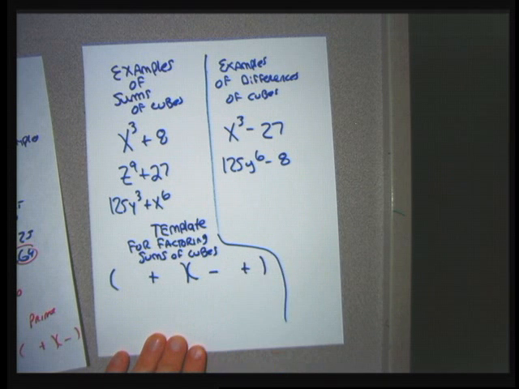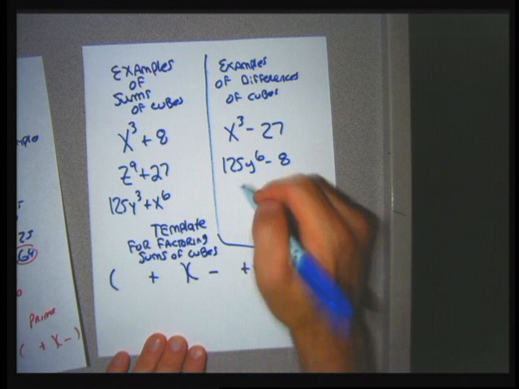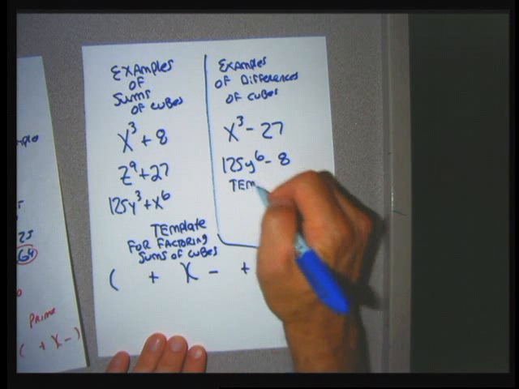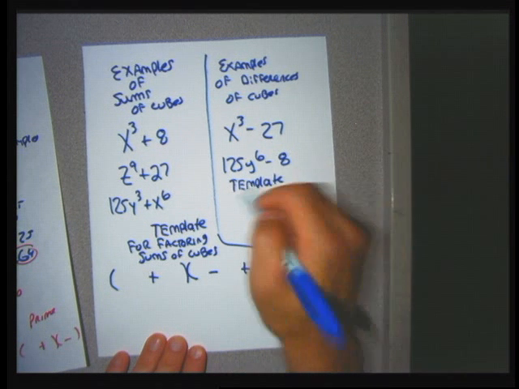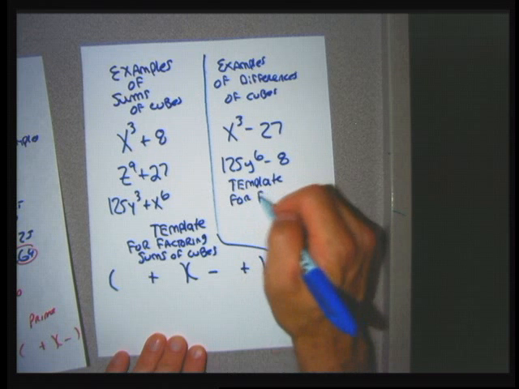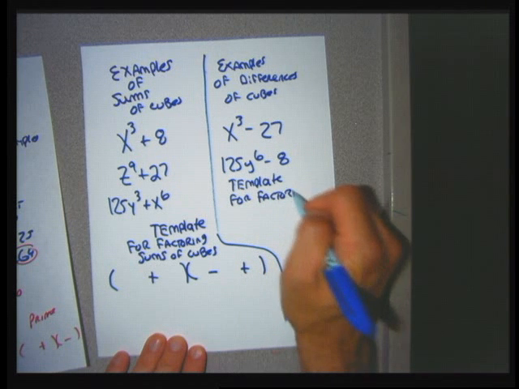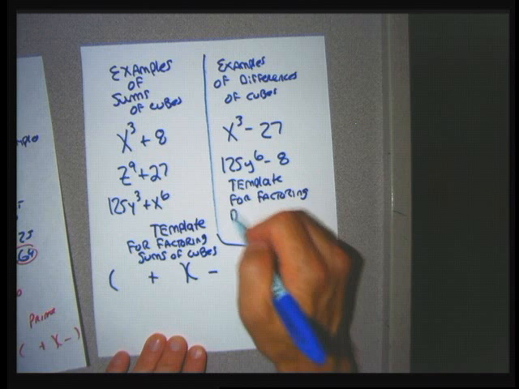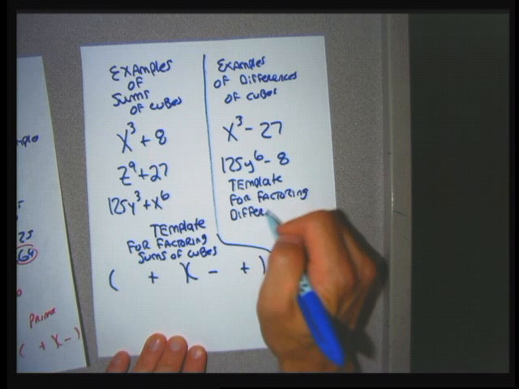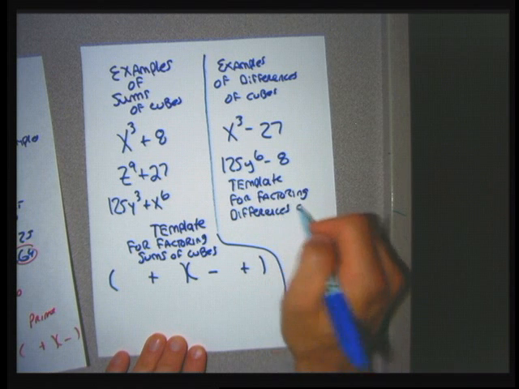And it looks like a mess, and it is a bit of a mess at first. And here's my template for factoring differences of cubes, because they both factor, neither one is prime.